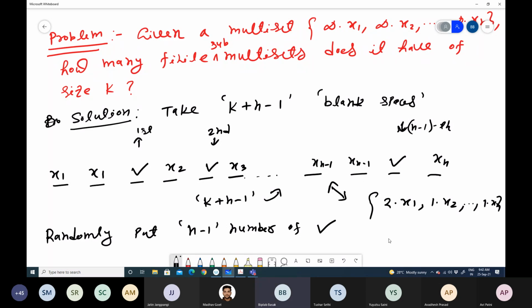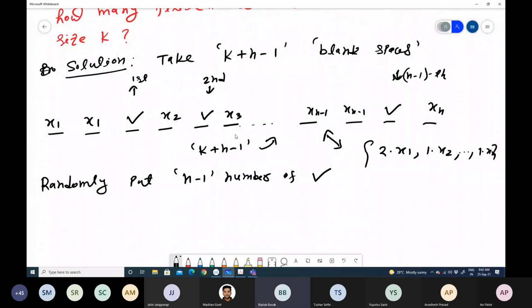For example, you can see this one. If you have k plus n minus 1 blank spaces, and you put n minus 1 checks, and if you have a multi-set, you can come from this to this and also this to this.